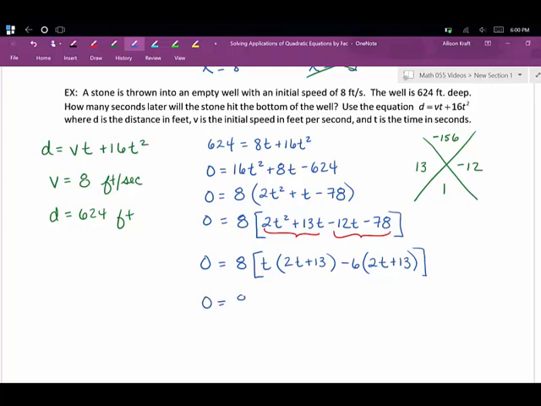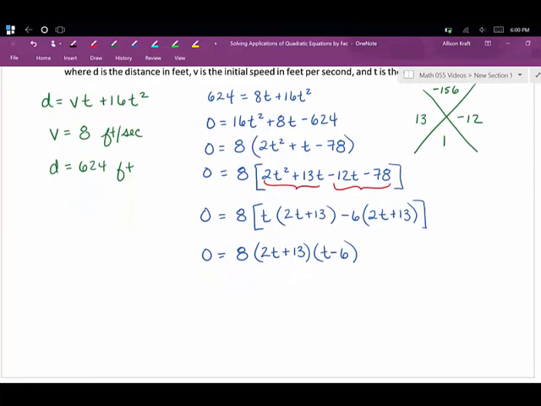We have our original GCF of 8 out in front, our common binomial factor of 2t plus 13, and our last factor, t minus 6. We're fully factored. We're ready to apply our zero product property and set each one of our factors containing a variable equal to 0 and solve.